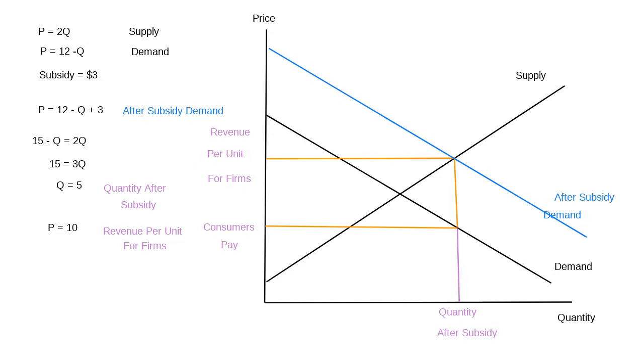Right? So the price that the consumers pay, PC, is equal to what they pay the firm, which is $10, minus the subsidy received from the government, which is 3, which gives us $7. And this is what consumers pay.